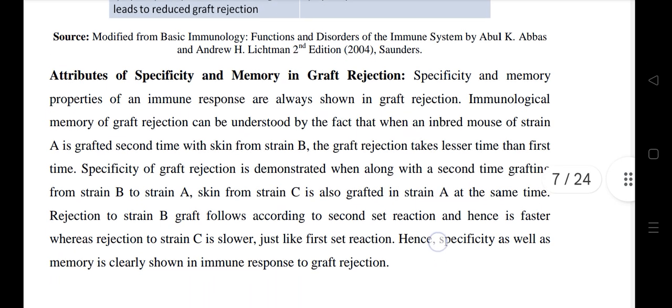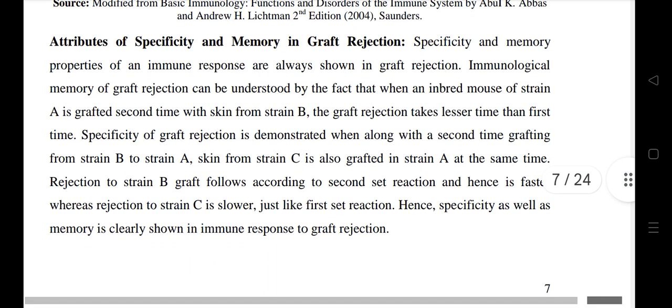Then, attributes of specificity and memory in graft rejection. Specificity and memory properties of an immune response are always shown in graft rejection. Immunological memory in graft rejection can be understood by the fact that when an inbred mouse of strain A is grafted a second time with skin from strain B, the graft rejection takes less time than the first time.